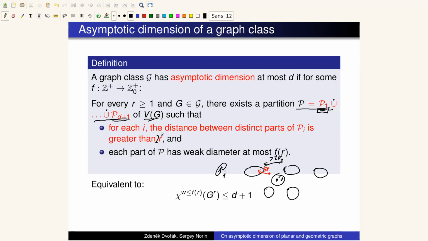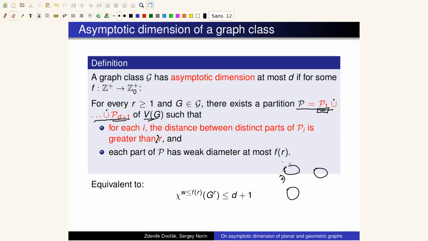And the magic thing is that actually these two definitions are equivalent. The fact that this one implies the previous one is obvious, but somehow it works in the other way as well. And this is the definition that we will be using, because in this definition there is a direct connection to the weak coloring numbers.